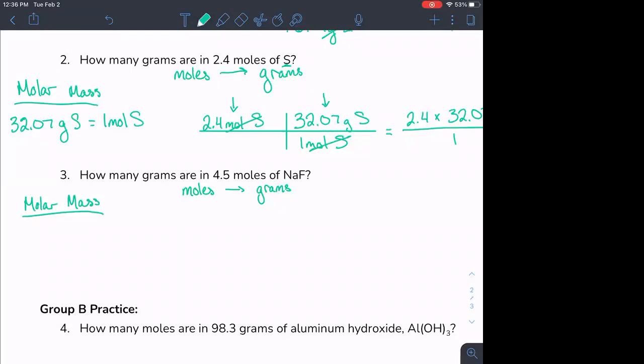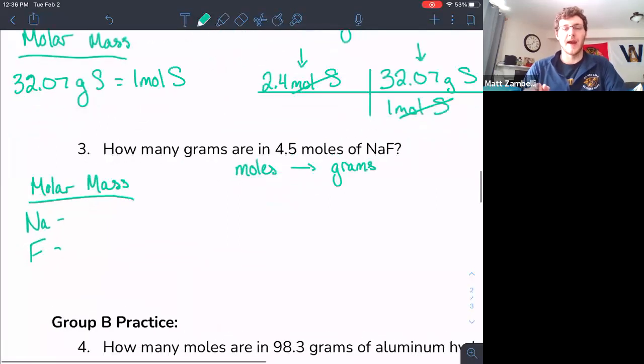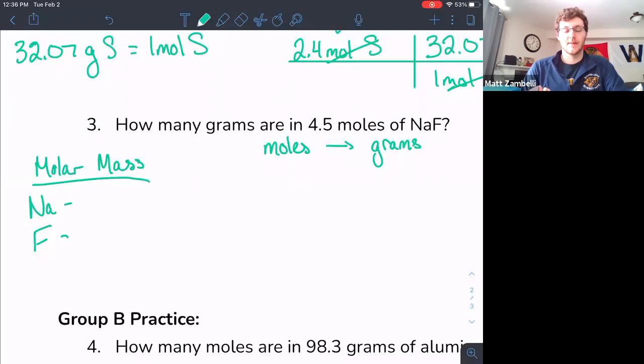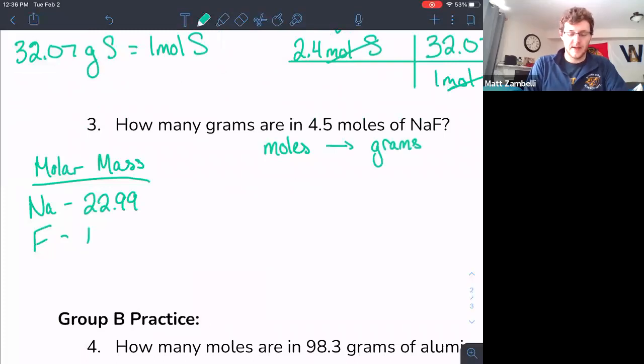You find it for sodium and fluorine. Perfect. We need to find the molar mass of sodium and the molar mass of fluorine. So who can find me either of those two molar masses? 22.999. Awesome. And 19.